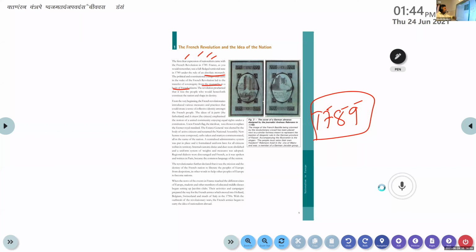One sentence is here. The revolution proclaimed that it was the people who would henceforth constitute the nation and shape its destiny. So the French Revolution declared that not the monarch, but the people's government will create rules and regulations for the country, and it will create the future of the country called France. Is that idea clear or not?